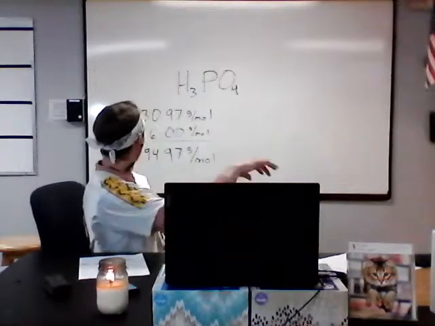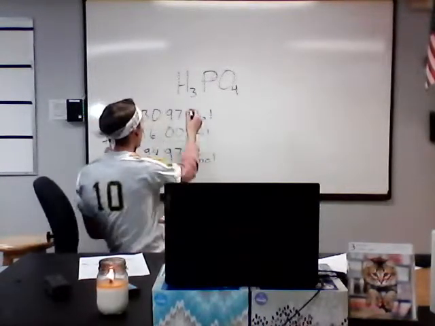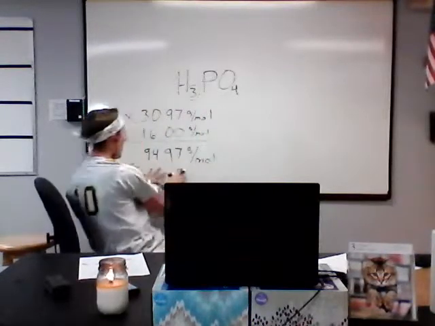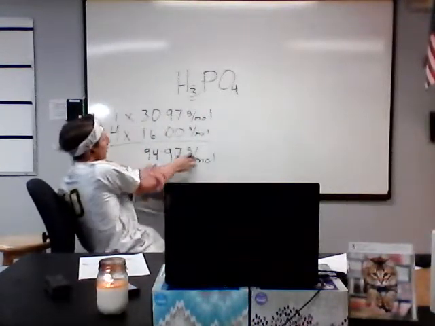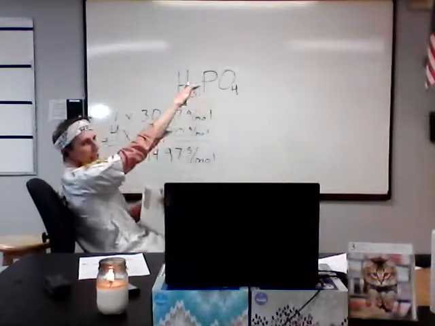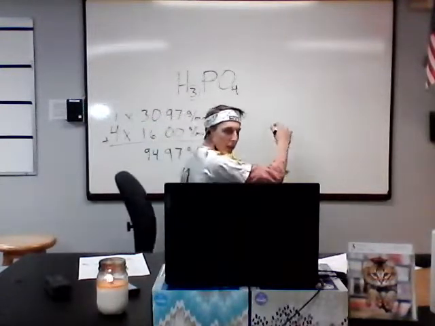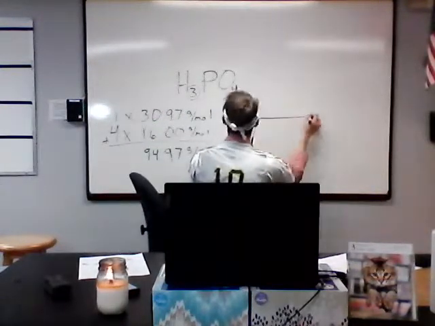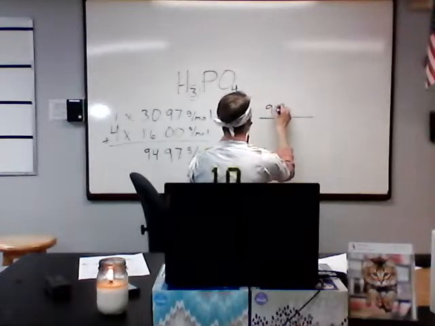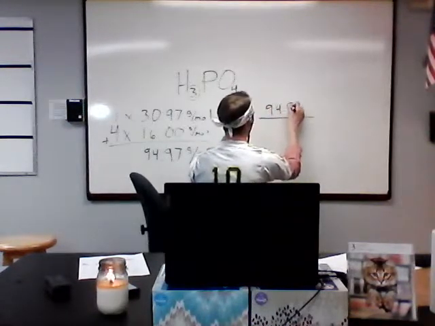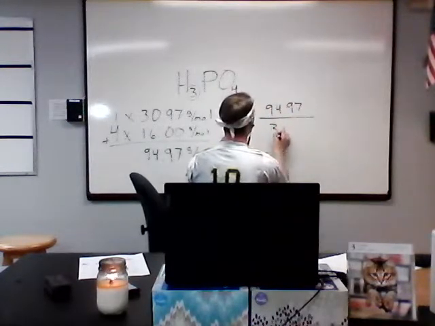Yes, there you go, very good. So we have 3 right here. Therefore, we take our molar mass and divide it by the number of ionized H atoms, so 94.97 and then 3.